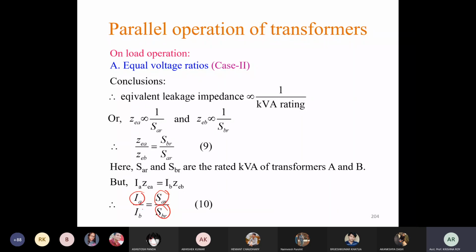This is the load current of transformer A and this is the load current of transformer B. Any question up to this? No, sir.